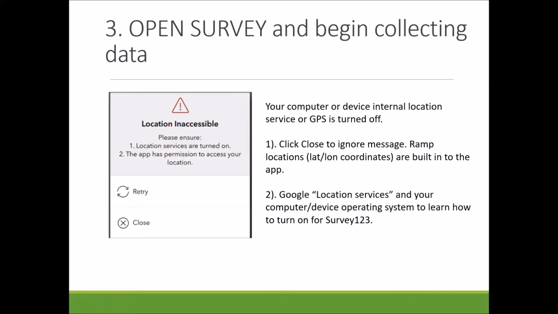They're already preloaded into the app. But you will see this warning every time you open the app. And so if you do want to get rid of it, I recommend Googling location services and your computer or your device operating system, and learn how to turn on location services, either for everything or just for Survey 123.